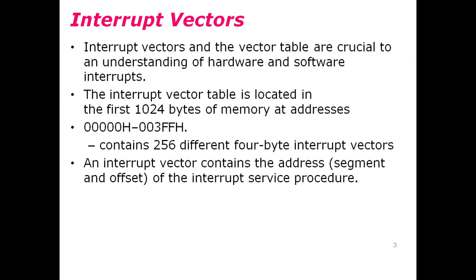So 256 multiplied by 4 becomes 1024 bytes. So the total space is 1024 bytes, and there are 256 total interrupts in this table, and each interrupt has 4 bytes. An interrupt vector contains the segment and offset address of the interrupt service procedure.